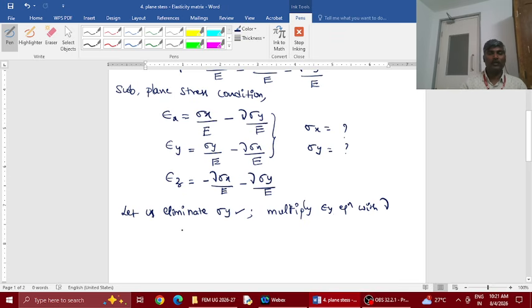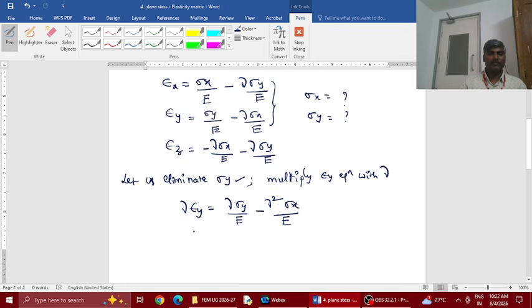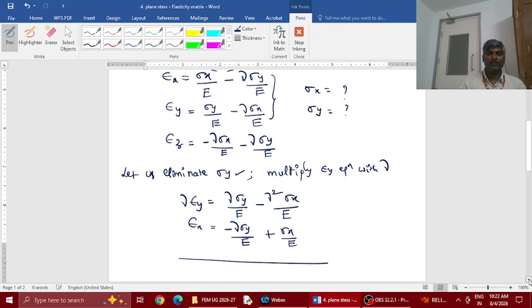If you do that, I get nu epsilon y is equal to nu sigma y by E minus, there is already a nu here, so it will be nu square sigma x by E. Now let us write the epsilon x equation 1, rearranging the two terms as minus nu sigma y by E plus sigma x by E. Now just add those two equations.